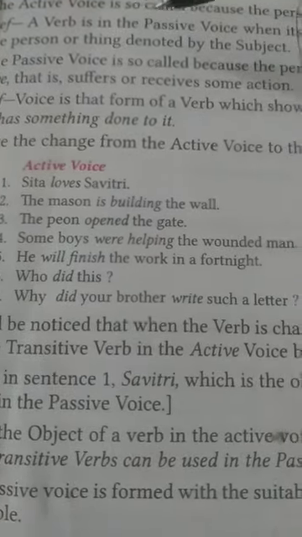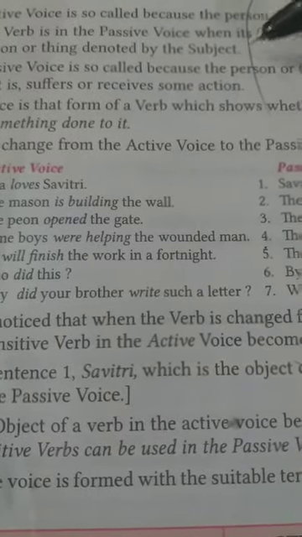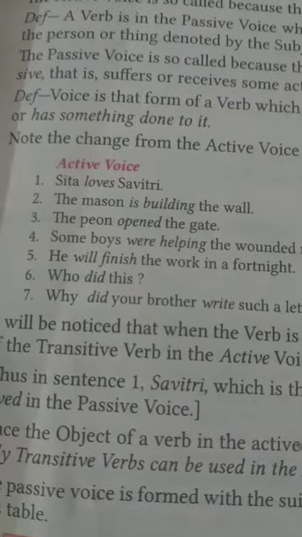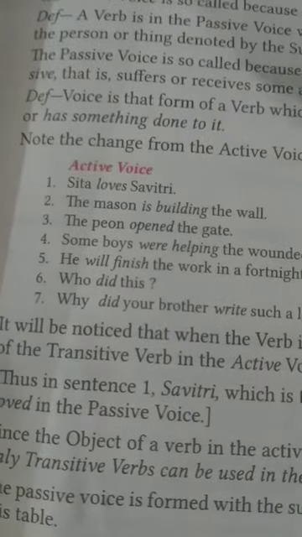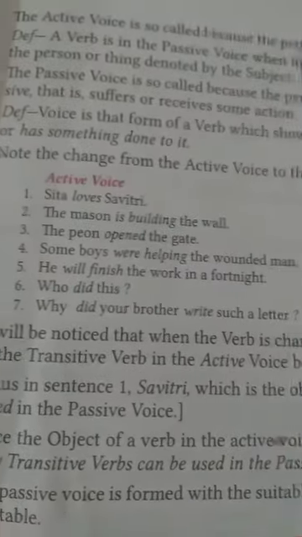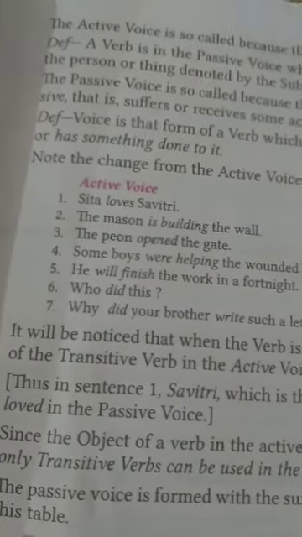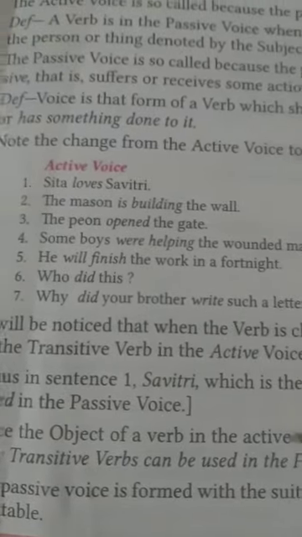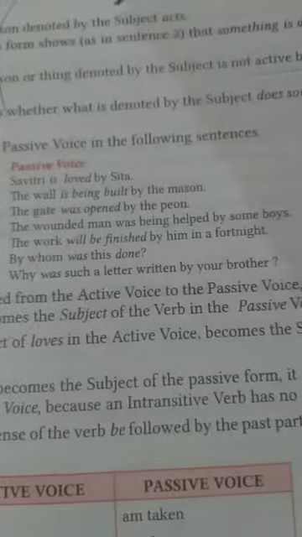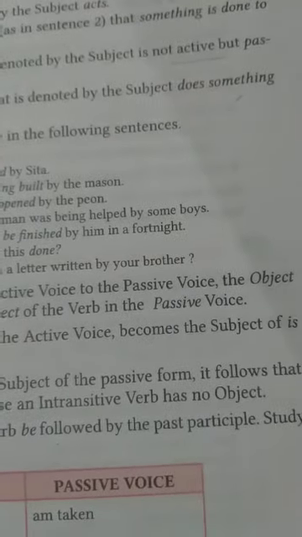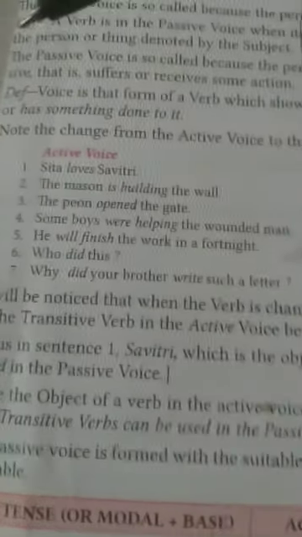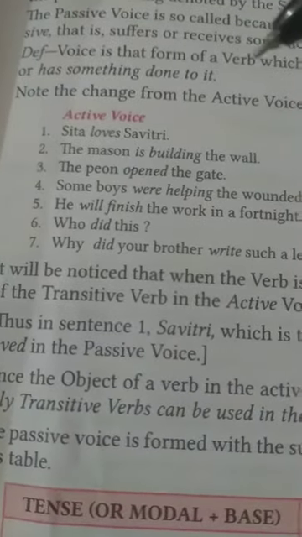So what happens when something is done to the person or thing denoted by the subject, then the verb used in the sentence is said to be in passive voice. The passive voice is so called because the person or thing denoted by the subject is not active but passive, or has something done to it.